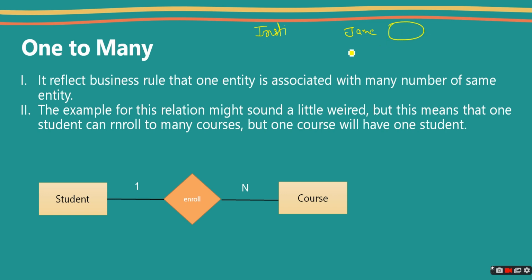And for Mary I will create another course specially designed for her. So this kind of relationship is termed one to many. One student can enroll in many courses, but one course is only designed for this particular student. So this kind of relationship still exists, but again it's rare.